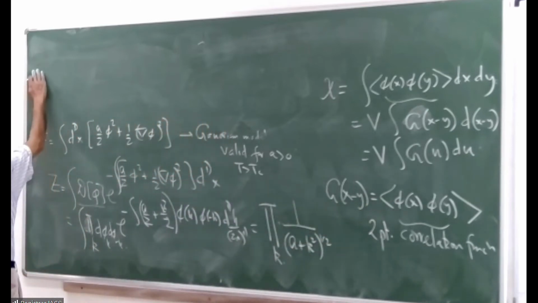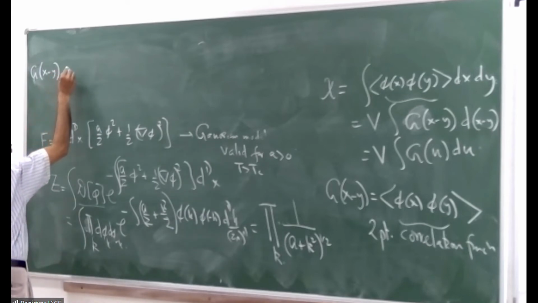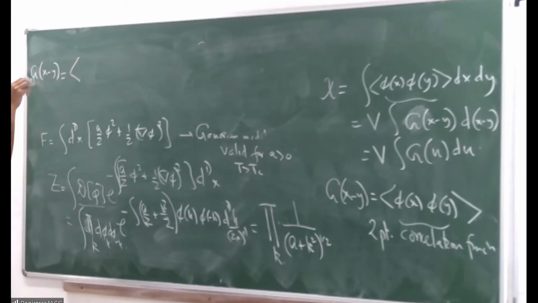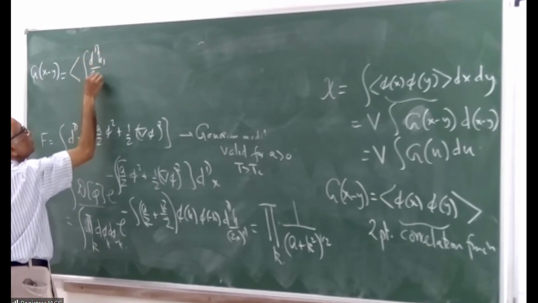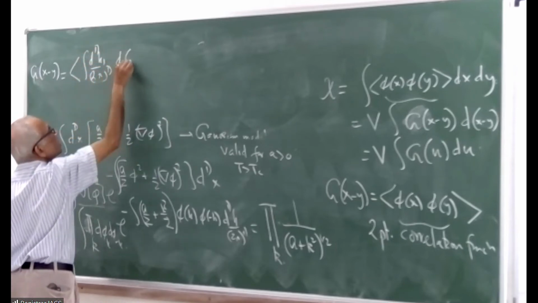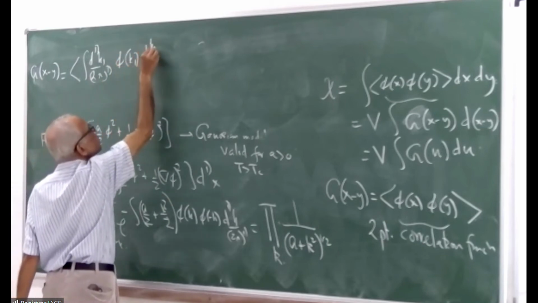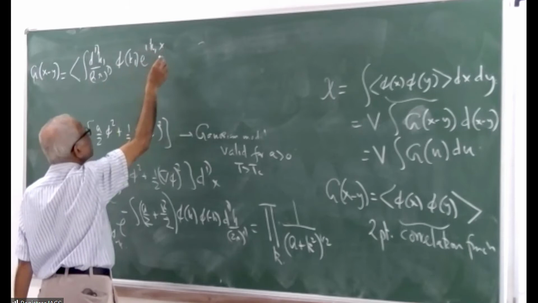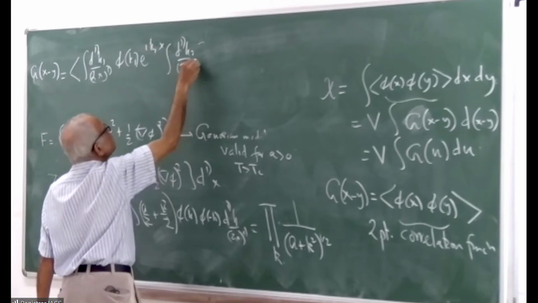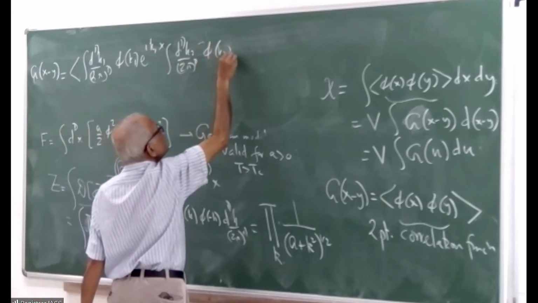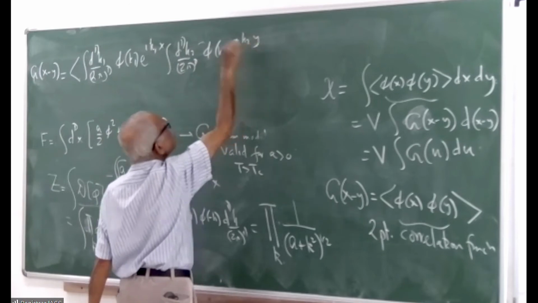So I look at g of x minus y, which is equal to the expectation. Now I put in the definition of the Fourier transform. So it is integral d^dk1 over (2 pi)^d phi k1 e to the power i k1 dot x, and integral d^dk2 over (2 pi)^d phi k2 e to the power i k2 dot y.